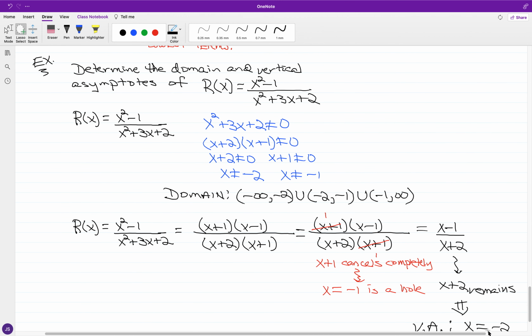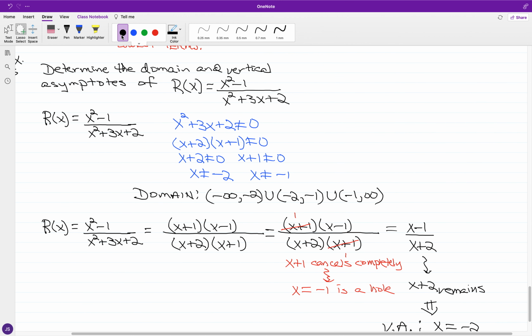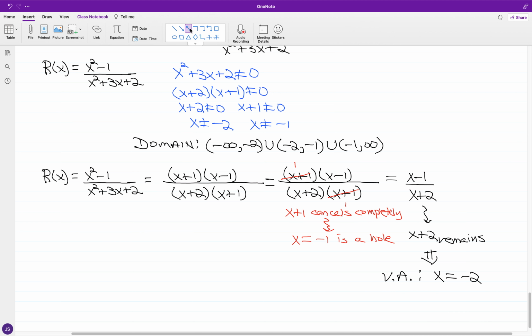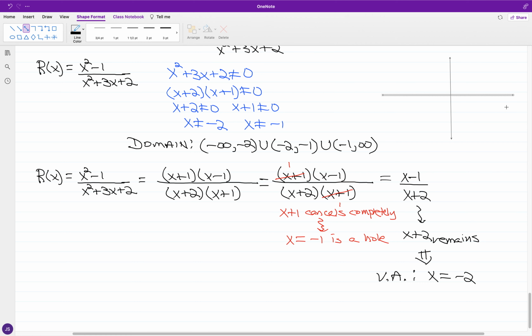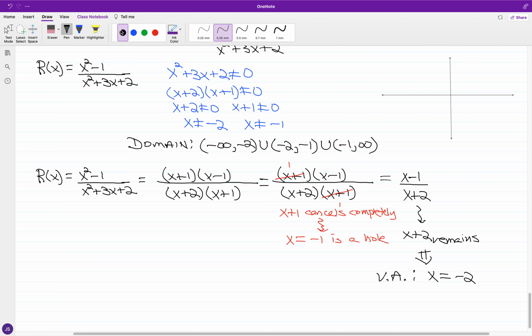In the overall picture, you have your values of interest: negative 2 and negative 1.